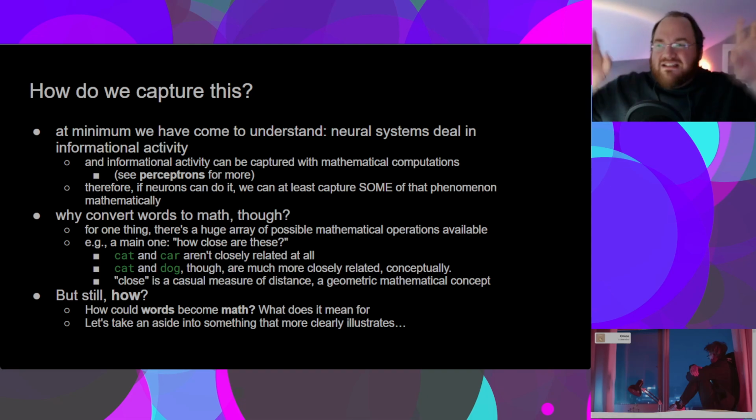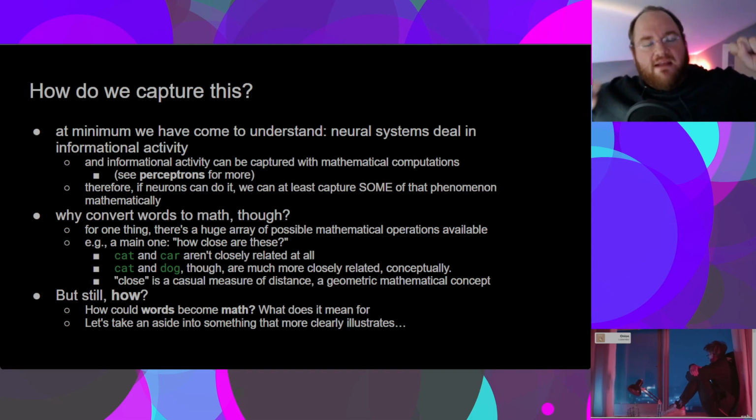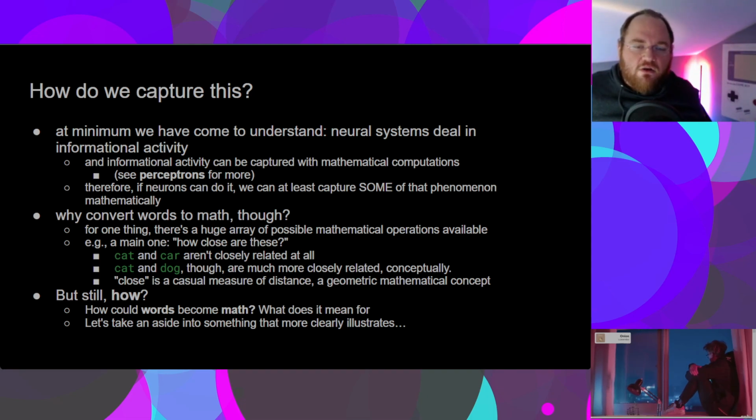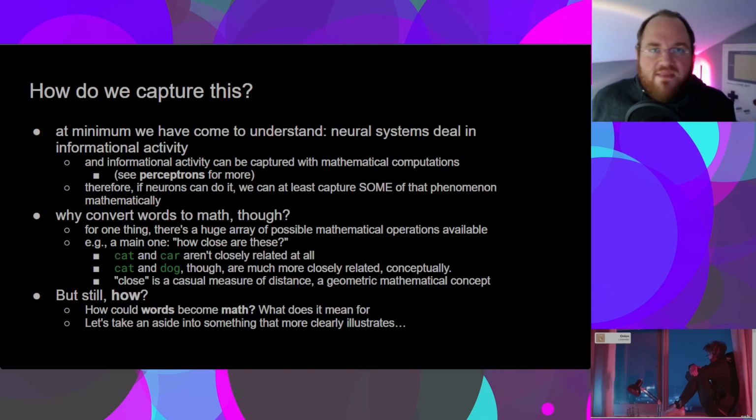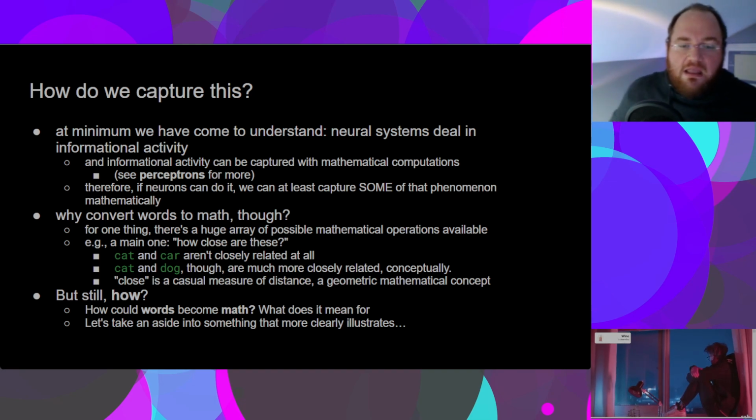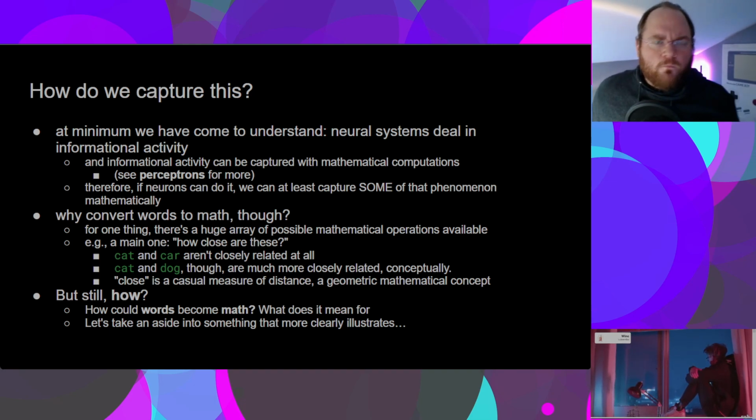Right? These are very different parts of the semantic space. And while we can't totally pin that down mathematically just yet, we can start to, right? So we can get the concepts into a workable mathematical space. But the question still remains, how, right? How could words become math? What does it mean for that to happen?